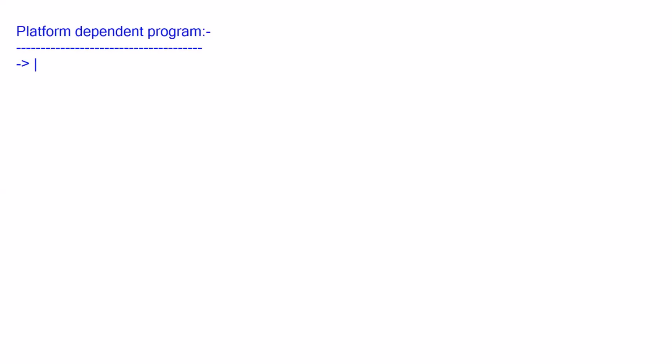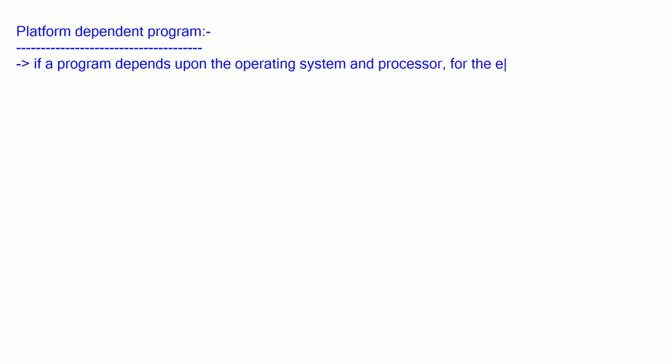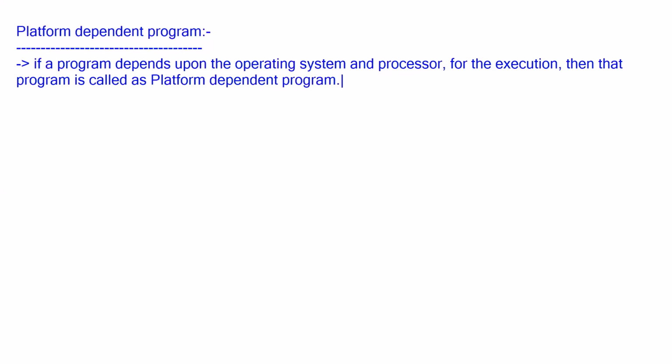If a program depends upon the operating system and the processor for the execution, then that program is called a platform dependent program.